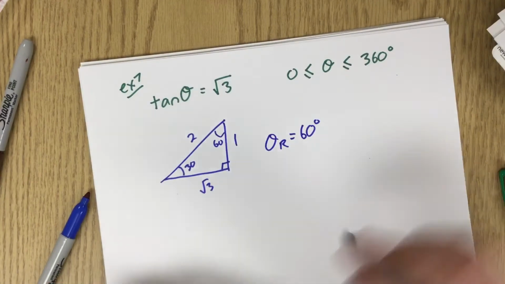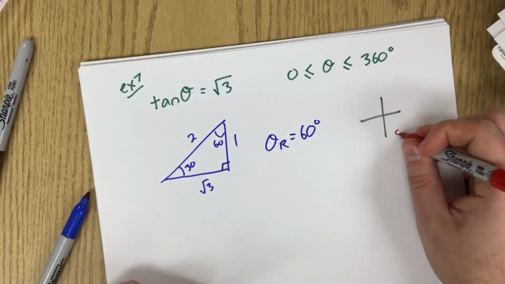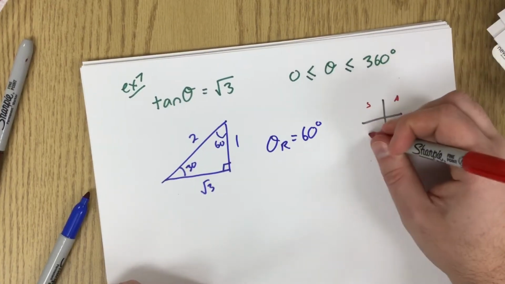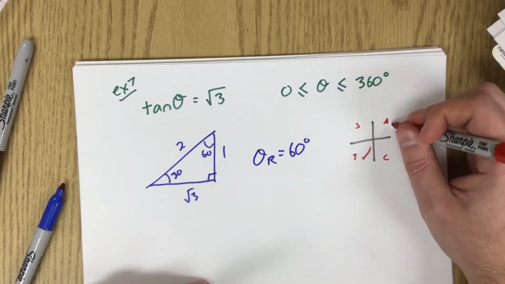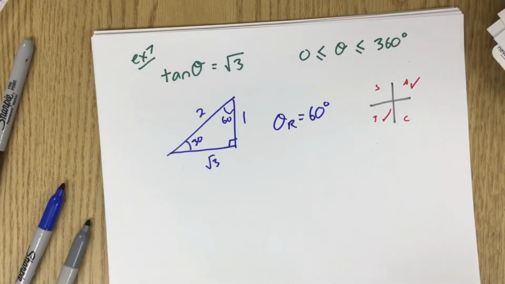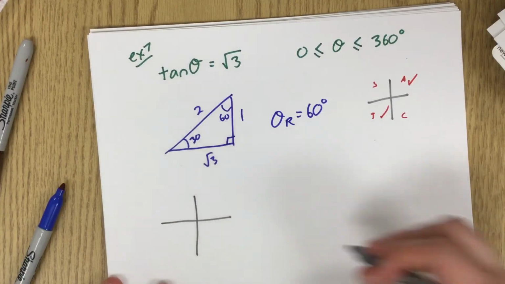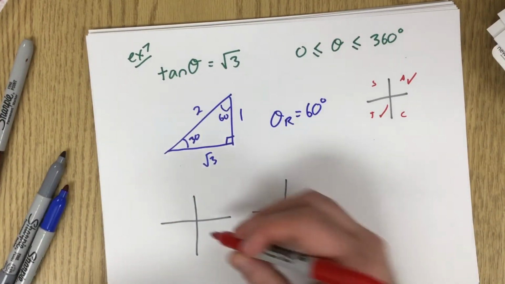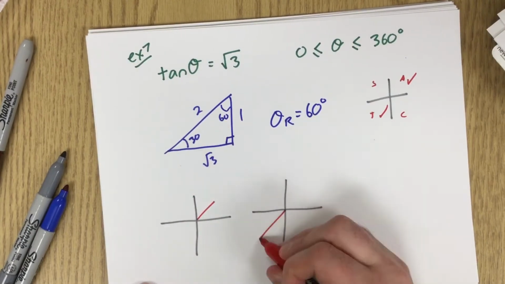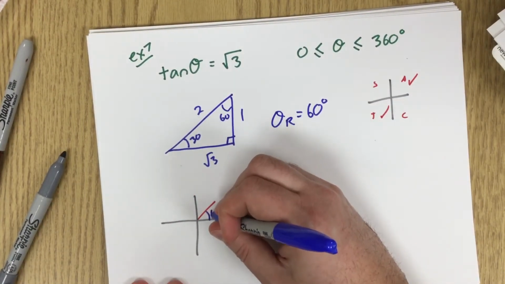And then we're going to figure out which quadrants we have answers in. So for CAST, we want tangent positive, so it's going to be this one and this one. It's going to be the first quadrant and the third quadrant. Related acute is 60.